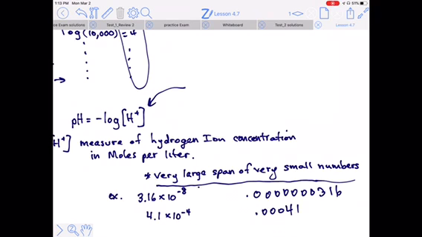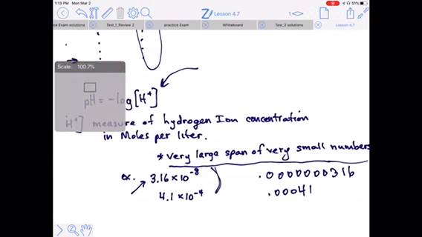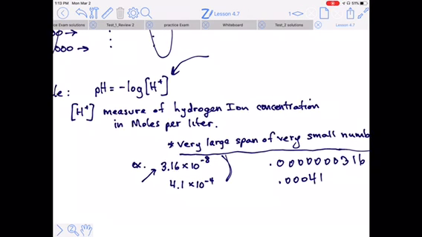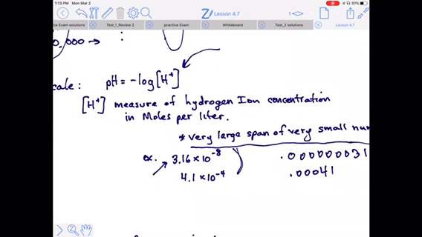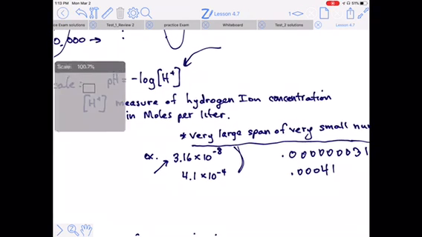And these are actual measurements of hydrogen ion concentrations in different substances. This is a measurement of a sample of human blood, for example. So rather than measuring hydrogen ion concentration in these substances, the pH scale was developed to measure the acidity of liquids using logarithms.